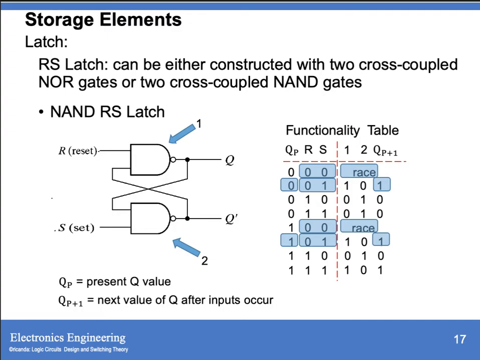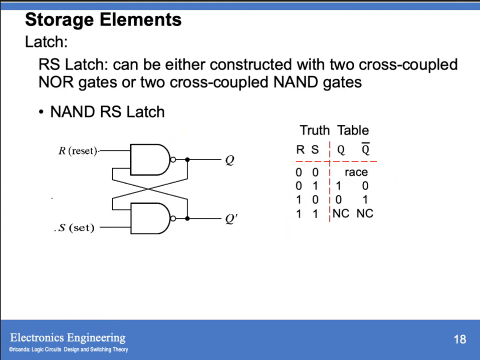If you have a combination of inputs 1 and 0, and your previous Q is either 0 or 1, you have an output of 0. But if your combination is 1, 1, and if your previous is 0, your output is the same, 0. If your previous is 1, your output is 1. So that is what you call no change.